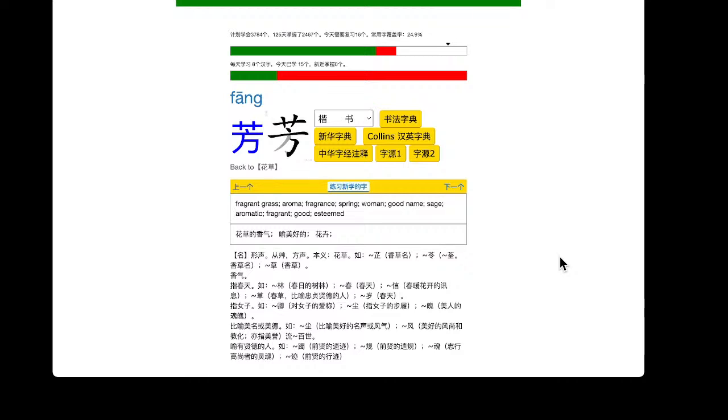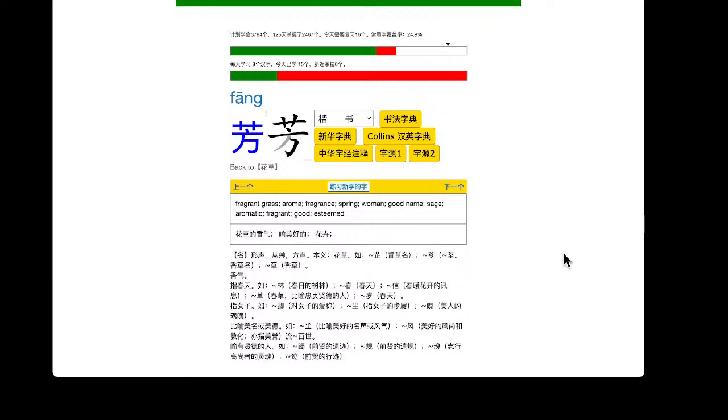And women and girls oftentimes have special smells that smell wonderful, so they use that to sometimes refer to girls and women. Also, same as fen, they use this character to refer to somebody's good reputation, high morals.